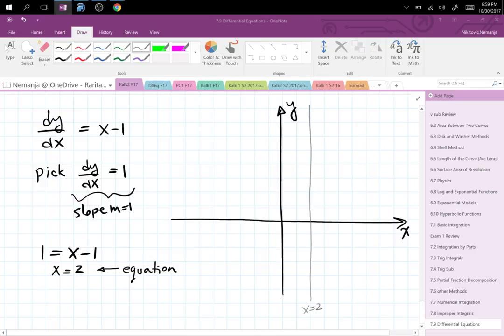And what I do is I place slopes 1 along this line. Slopes 1 are these 45-degree little line segments. And later on, we are going to snake the function through those.